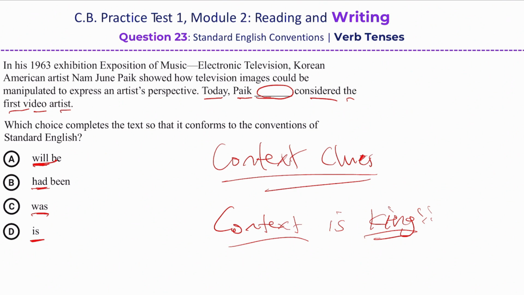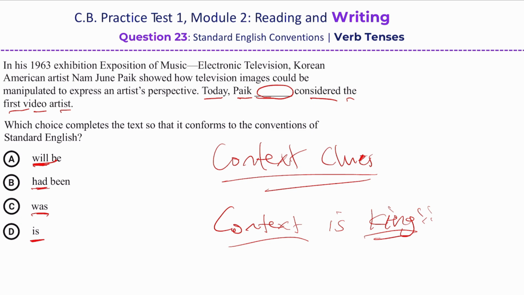There are 11 verb tenses in the English language, but like I said, you only really need to know 5 really well: present tense, past tense, future tense, present perfect, and past perfect. And you have to know precisely when and how to use them.